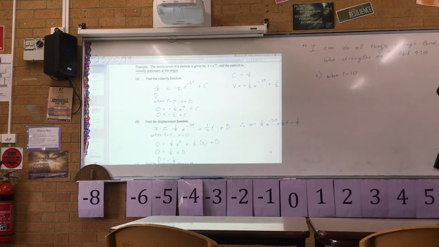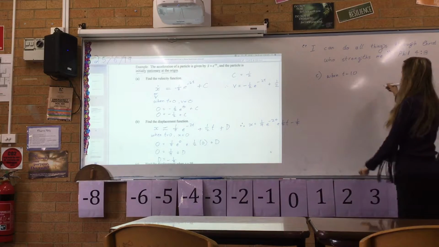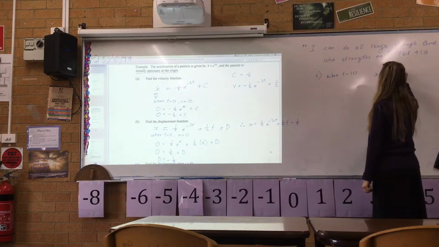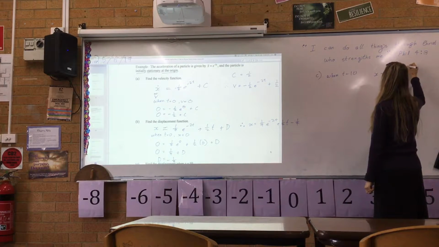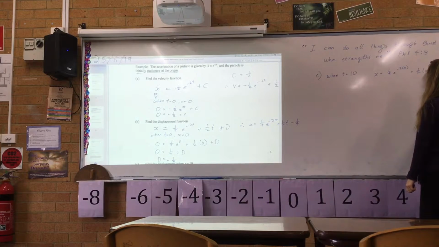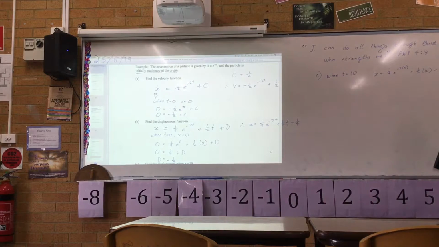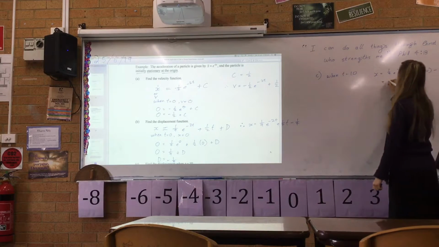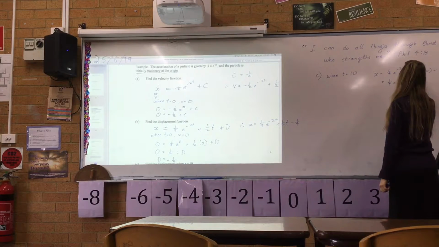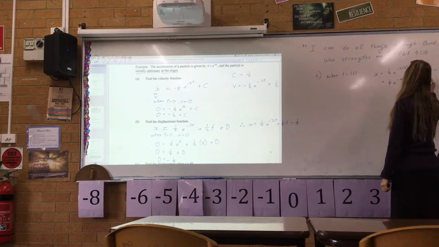And it says to find the displacement. So I'm going to use my displacement formula: x equals a quarter e to the minus 2 times 10, plus half times 10, minus a quarter, which is a quarter e to the negative 20 plus 5 minus a quarter.